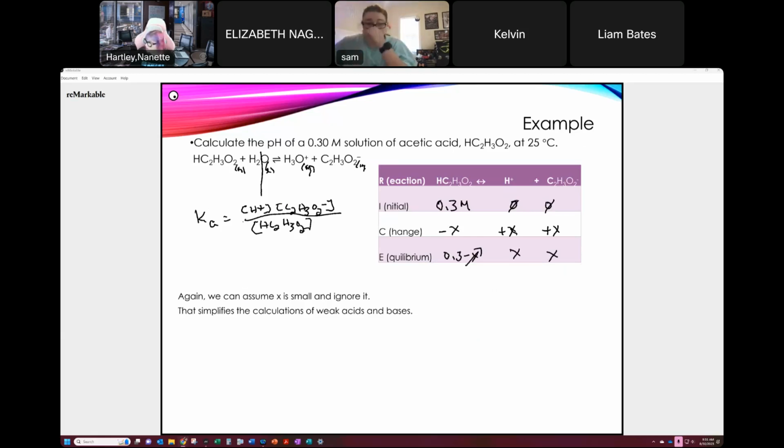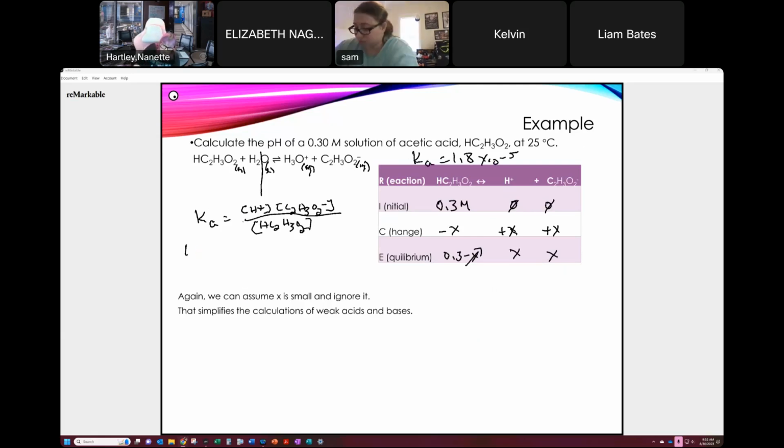I scroll in on this, and I see acetic acid is right there. And it's 1.8 times 10 to the minus fifth, which is what I thought it was, but I wanted to verify that. So if you see this and you say, well, I'm missing stuff, you may be missing stuff because it's on the exam handout. Okay? So my Ka equals 1.8 times 10 to the minus fifth. So remember to use your resources.